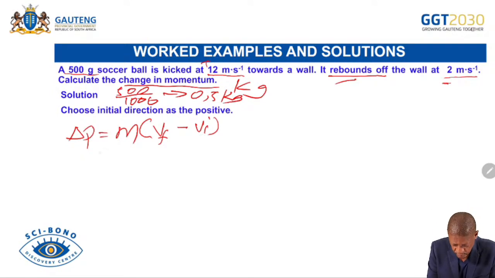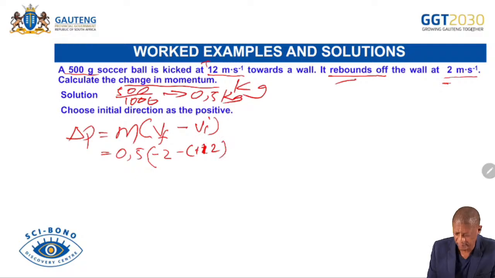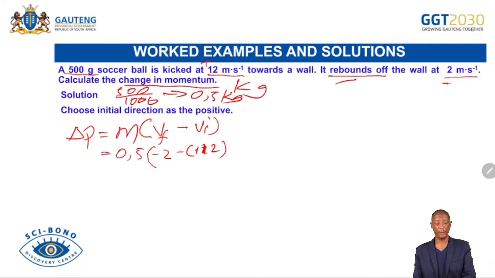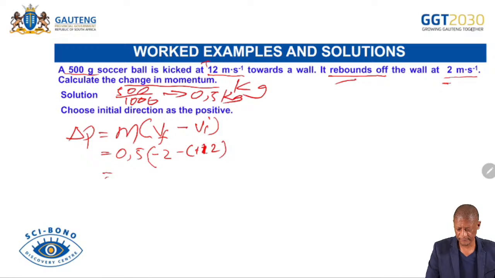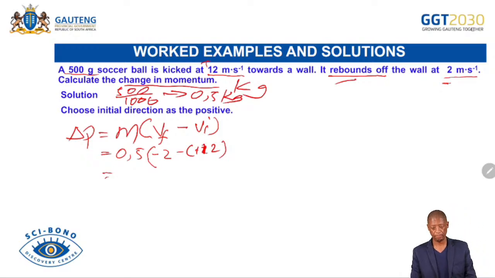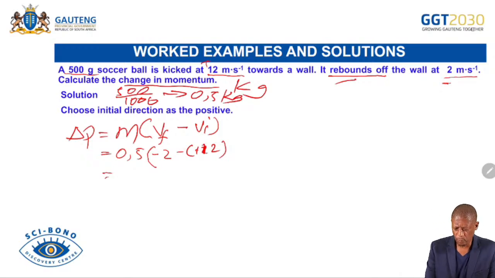Then let us substitute. We know that this one we have converted to 0.5, bracket, minus 2 minus plus 12. Then you may do the calculations and get your answer. If you multiply a negative and a positive, you get a negative.